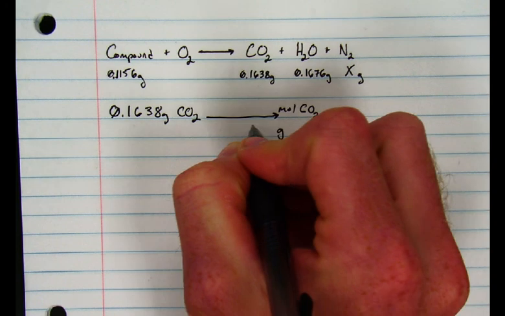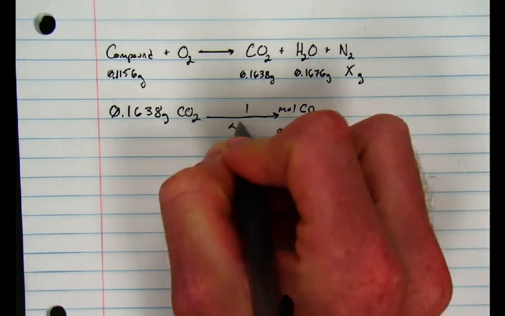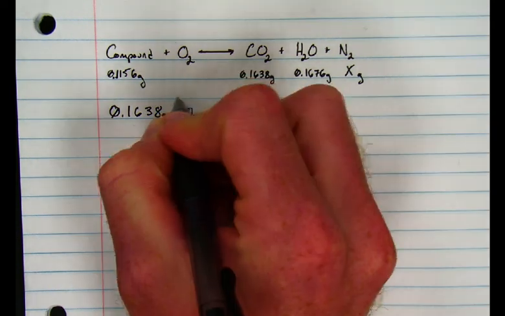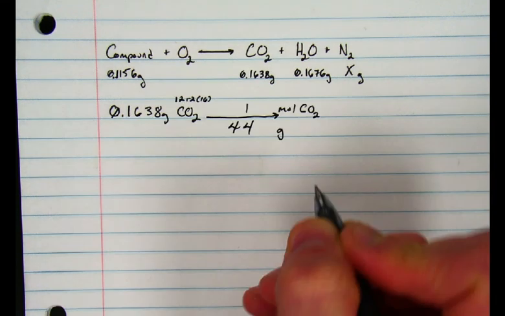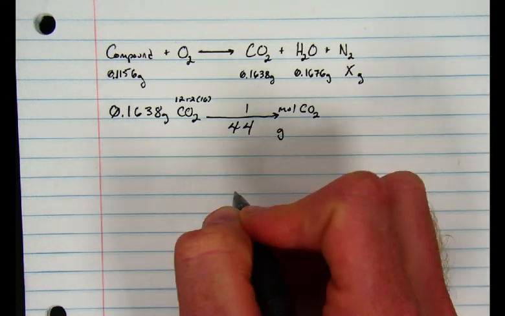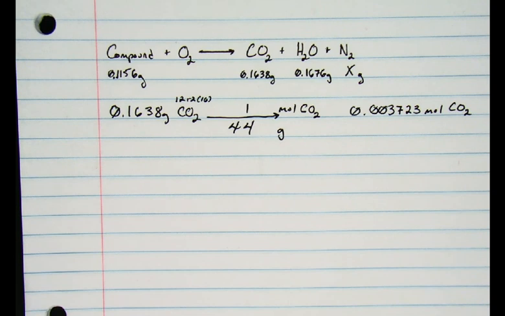Grams below, and every 1 mole of carbon dioxide, how many grams are there? That's 44. 12 from carbon, 2 times 16 from oxygen. That's where we get the 44 from. So we find that we have 0.0037 moles of carbon dioxide.